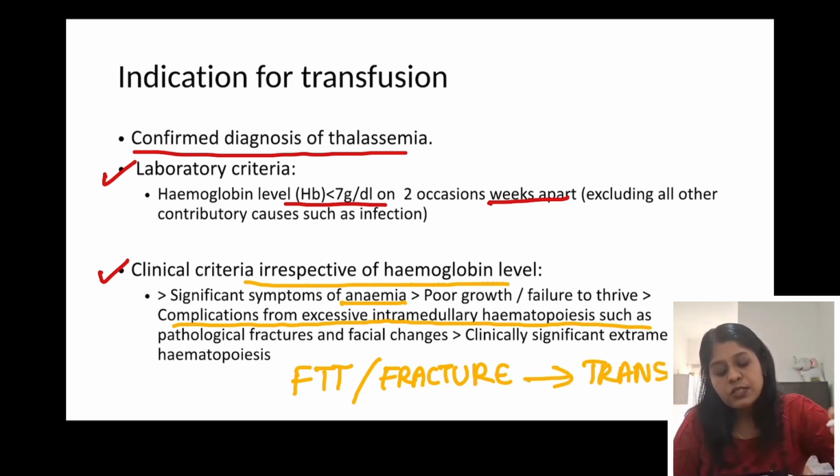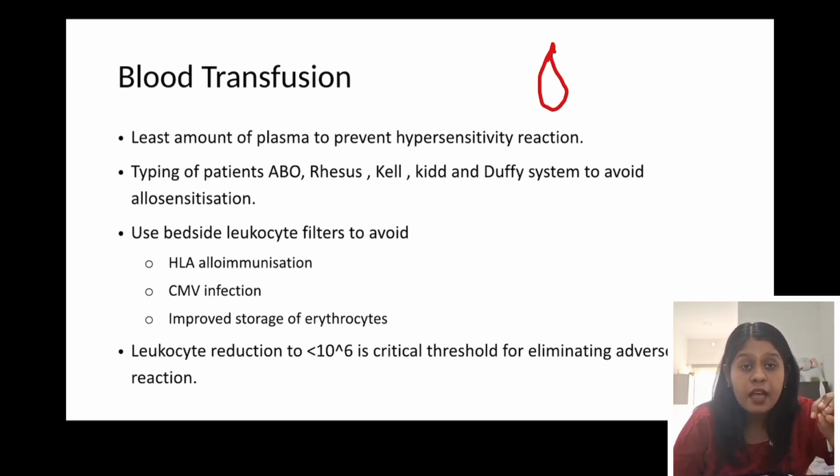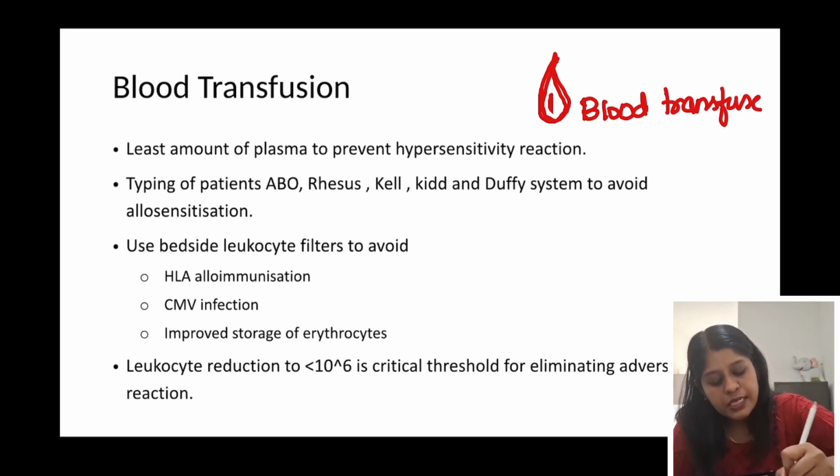For blood transfusion, use the least amount of plasma to prevent hypersensitivity. The plasma content in the RBC should be very minimal, and grouping and typing has to be done, with both major and minor blood group incompatibility checked.